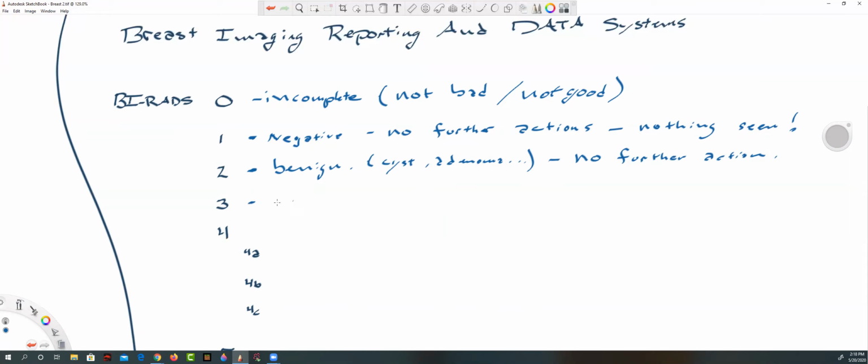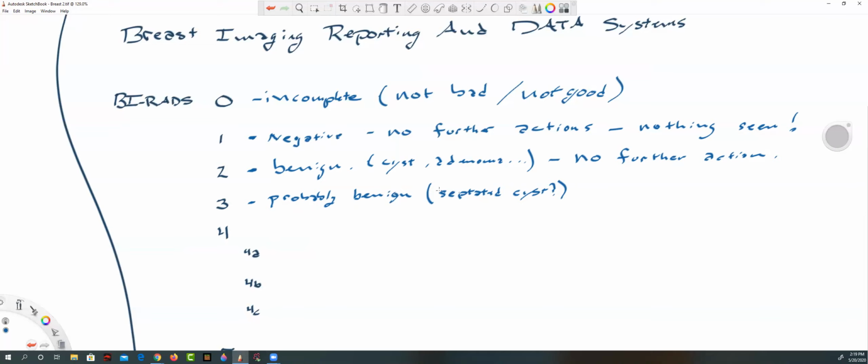Number 3 is probably benign. Let's say a septated cyst, or a cystic lesion that's not quite a simple cyst.